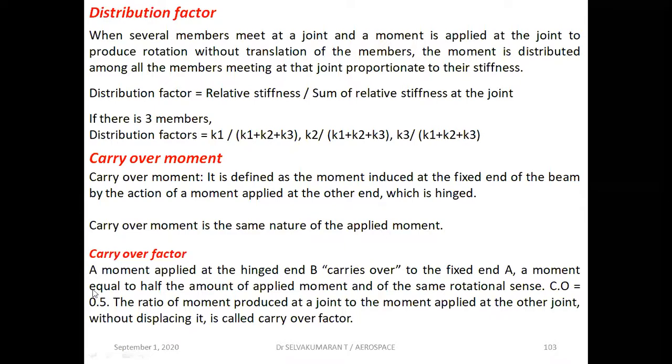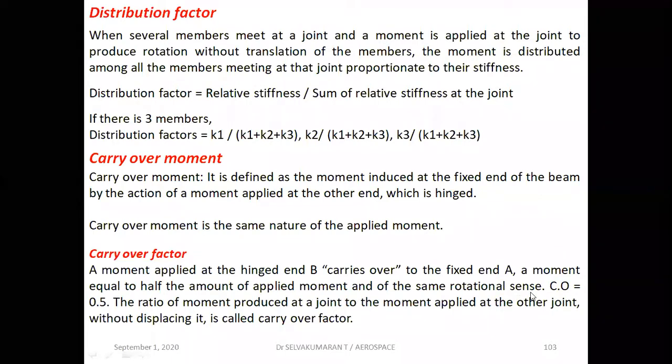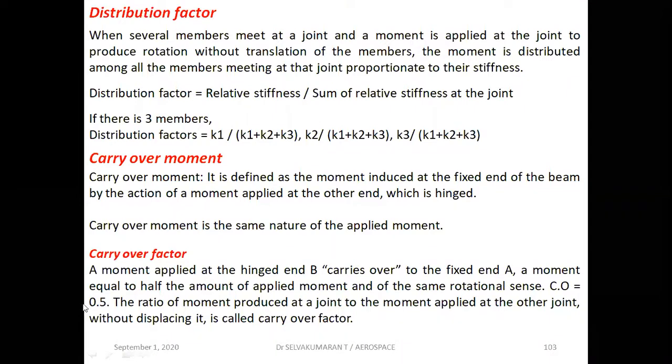Carryover factor. A moment applied at the hinged end B carries over to the fixed end A, a moment equal to half the amount of the applied moment and of the same rotational sense. Carryover factor is equal to 1 by 2, that is 0.5.